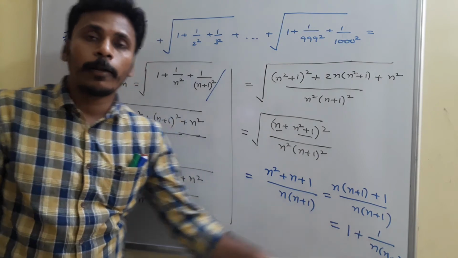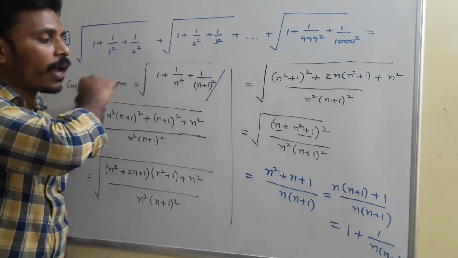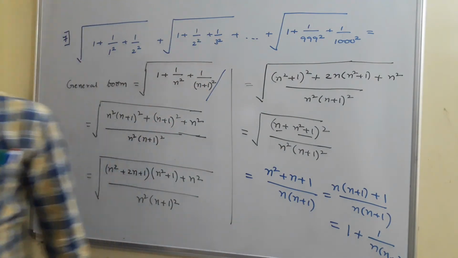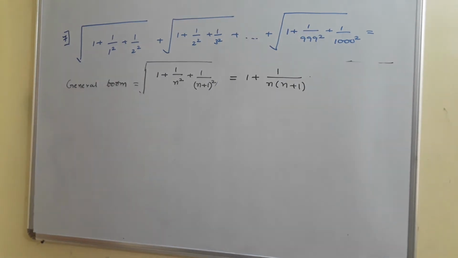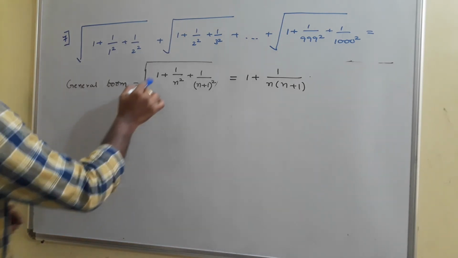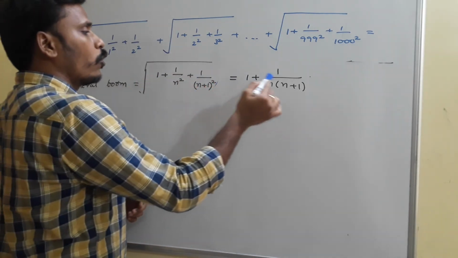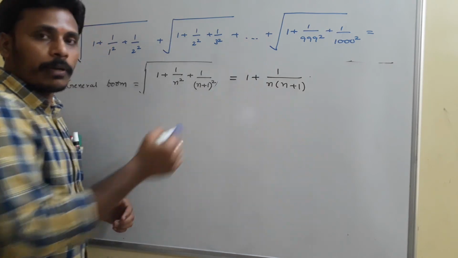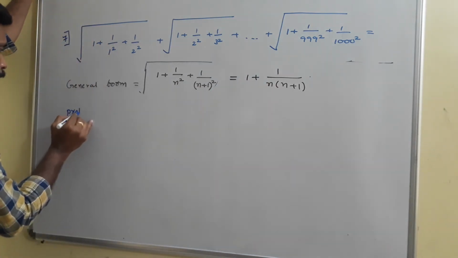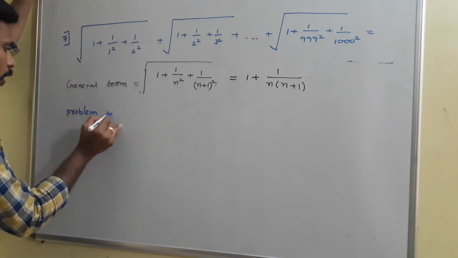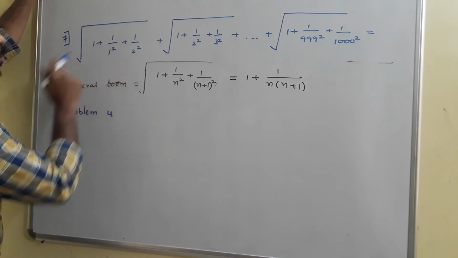Using this format, we need to write everything and then we need to add. Just have a look. We simplified the general form of root of 1 plus 1 by n square plus 1 by n plus 1 whole square as 1 plus 1 by n into n plus 1. And now the given problem: first term, n is 1.